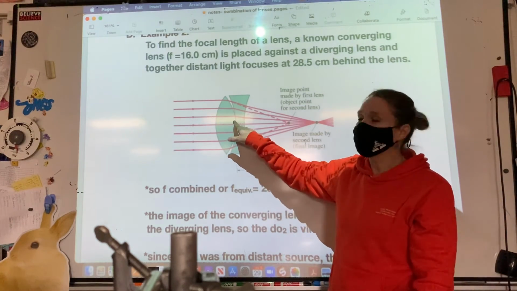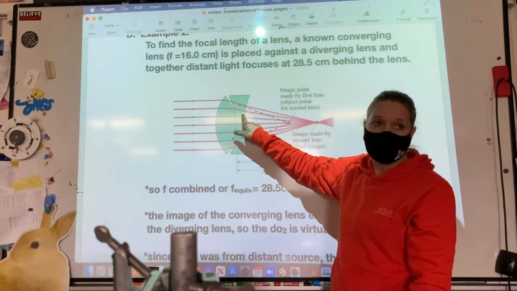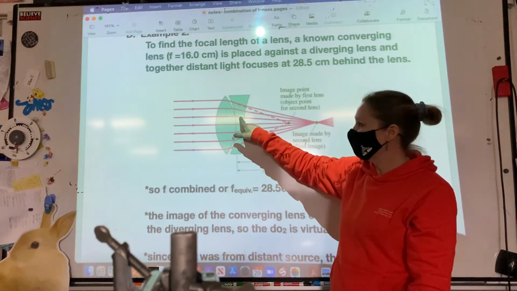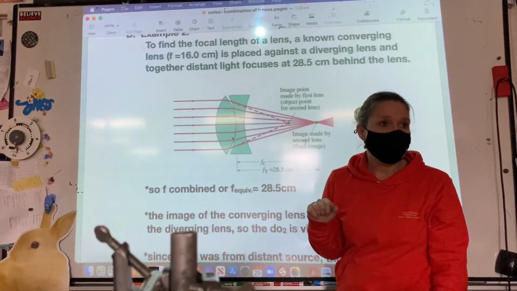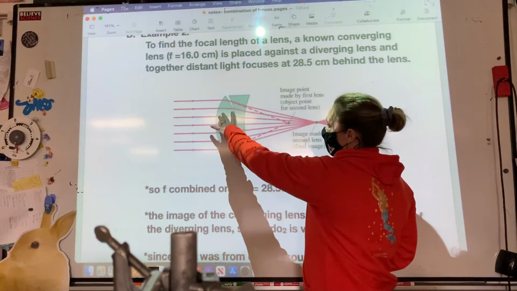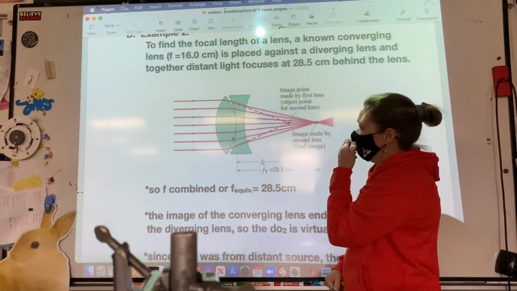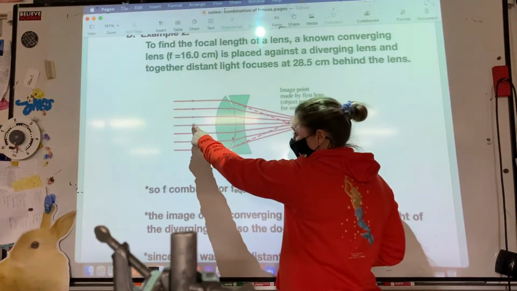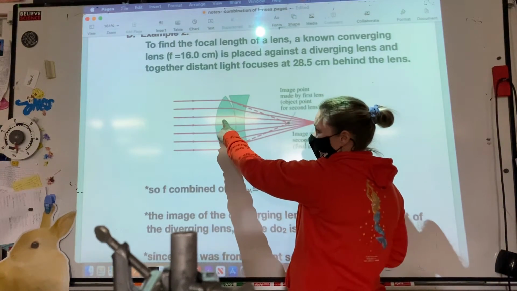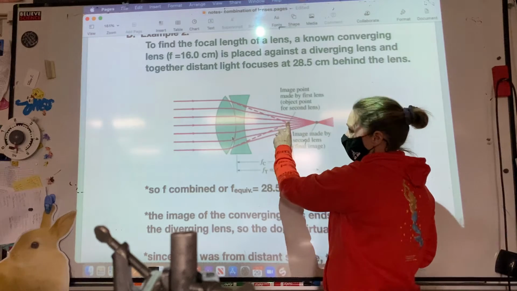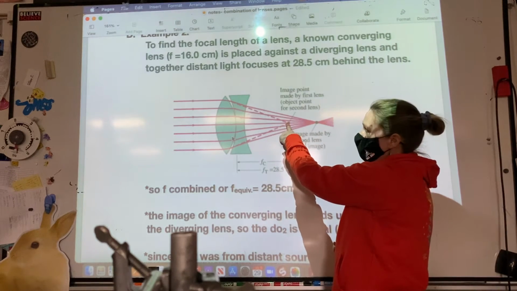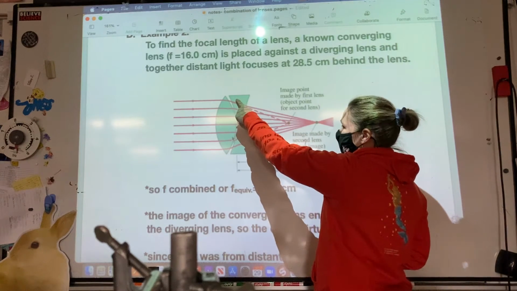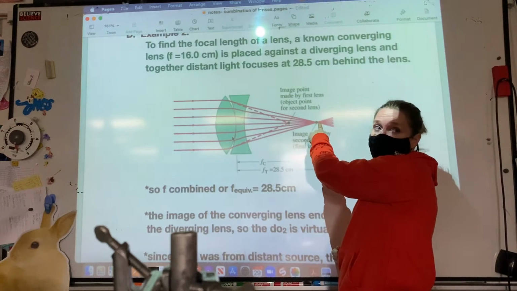You can make a couplet: you add this lens to this one. Because this will make the rays converge here, this lens would then make an image here.